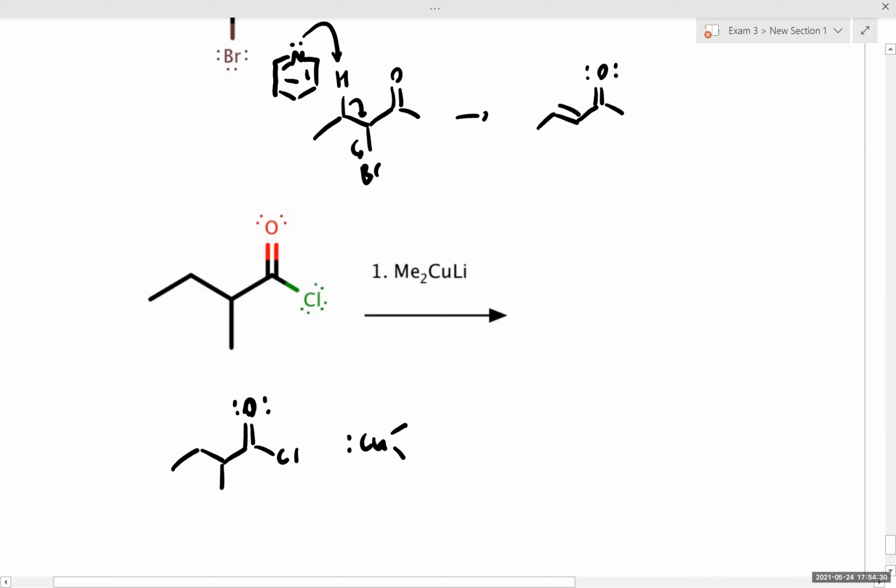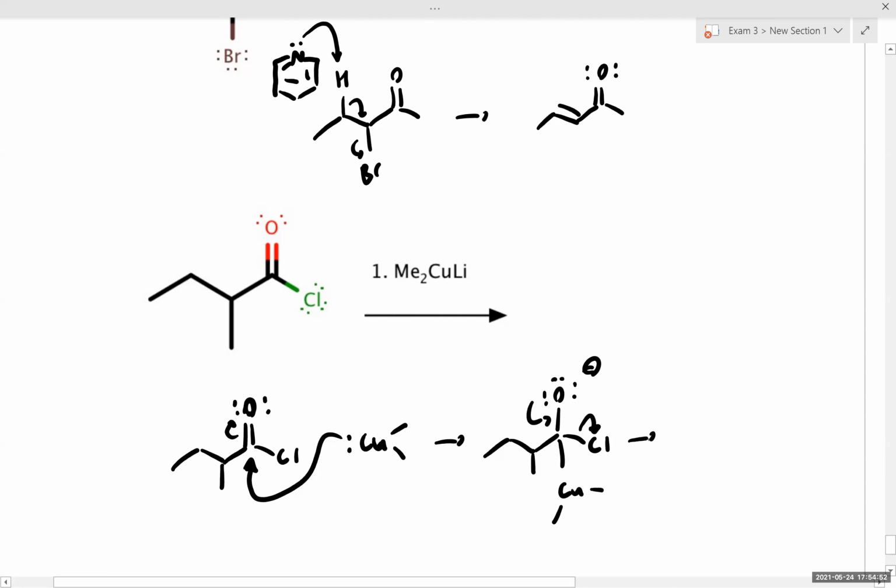In the second case, we treat an acyl chloride with lithium dimethyl cuprate. As we know, organocuprates are unique in that they prefer monoaddition into acyl chlorides. So we're going to see attack of our alkyl cuprate. We're going to generate a tetrahedral intermediate, which will then immediately collapse in order to generate the following alkyl copper species.